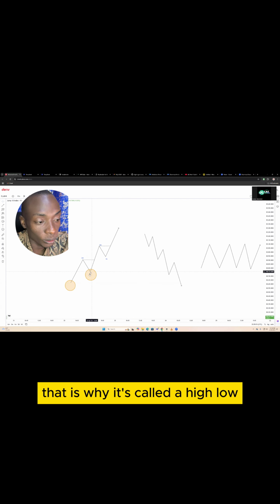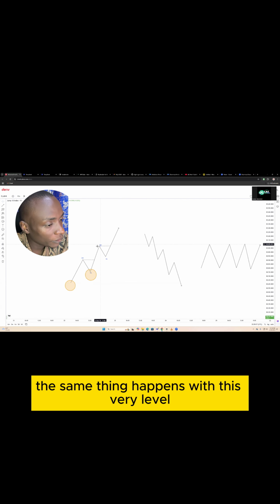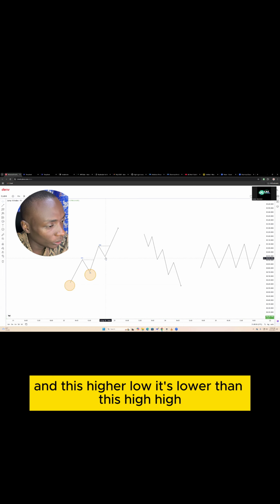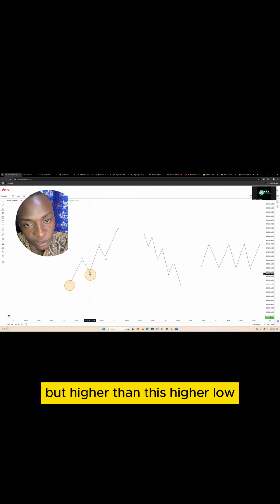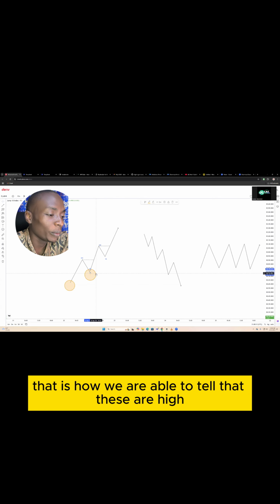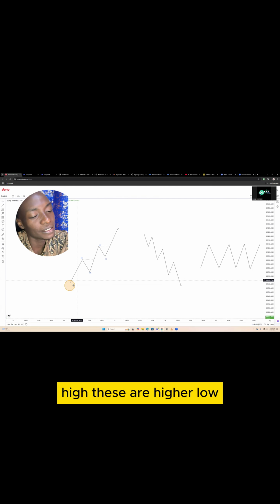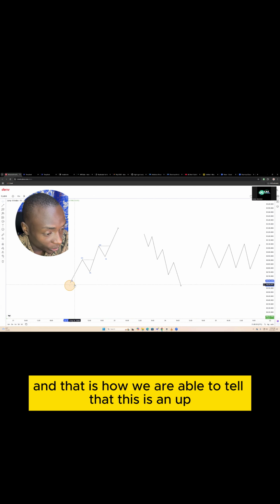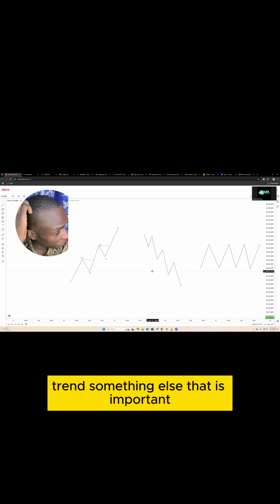That is why it's called a higher low. The same thing happens with this very level. It's higher than this level and higher than this higher low. And this higher low is lower than this high, but higher than this previous higher low. That is how we are able to tell that these are highs, these are higher lows, these are highs, and these are higher lows. And that is how we are able to tell that this is an uptrend.